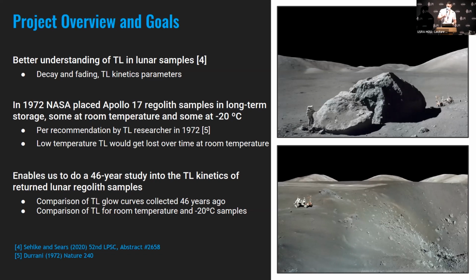NASA was convinced, so they put some of the samples into the freezer while they also kept some of them at room temperature. That's basically our basis: there are two sets of the same sample at different temperatures that we can exploit to do a 50-year experiment into the TL kinetics in lunar samples.